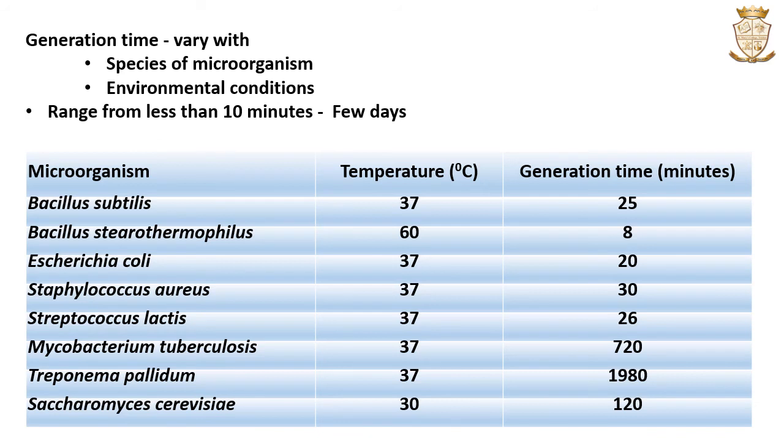This table gives the generation time of different bacteria at different temperature conditions in which they are incubated. Certain bacteria like Bacillus stearothermophilus have a very short generation time, while other microorganisms like Mycobacterium and Treponema have very long generation times.